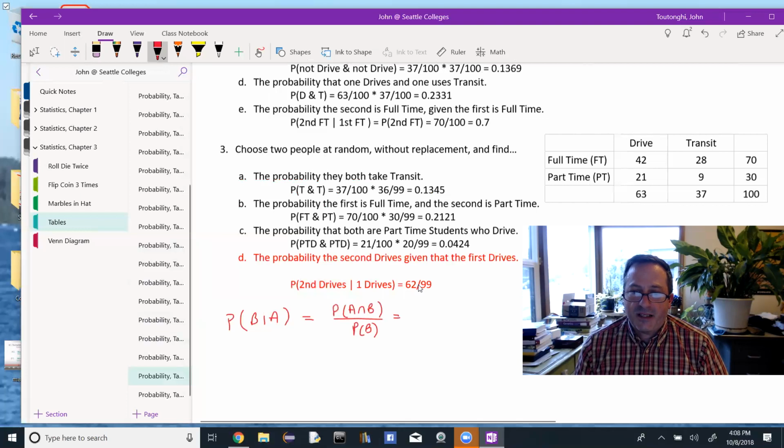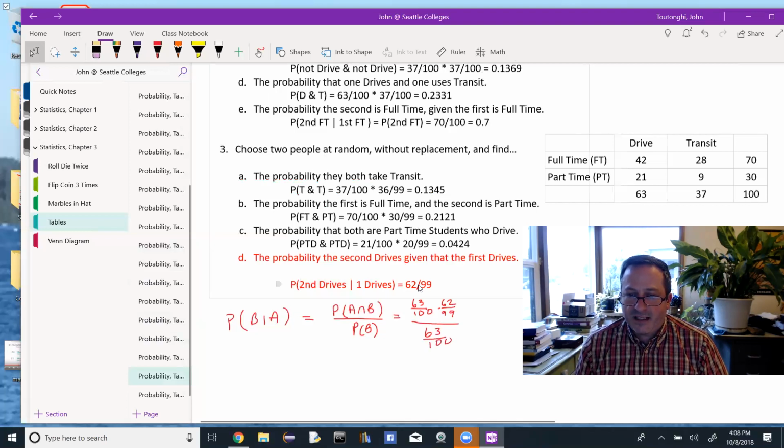So that's going to be 63 out of 100 for the first person driving, times 62 out of 99 for the second person driving, divided by the probability that the first one drives, which is 63 out of 100.